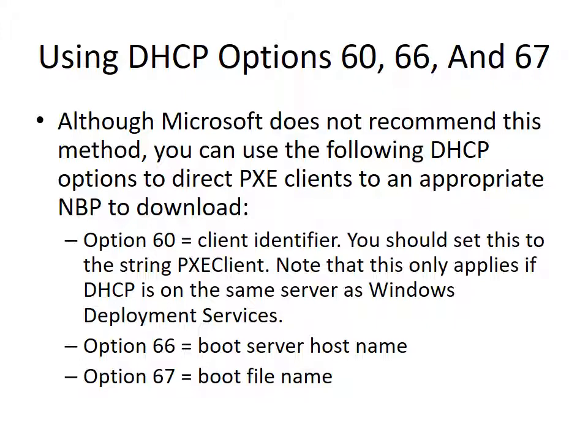This file will basically allow you to set various settings about how the network boot works, so if you have to press F12 to boot, or if you don't. There's a few other options you can enable for this. But again, these are the three options that you have to enable if you are going to use the DHCP options to configure your clients to boot to a WDS server.